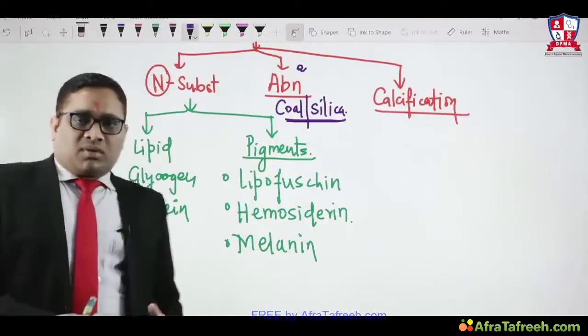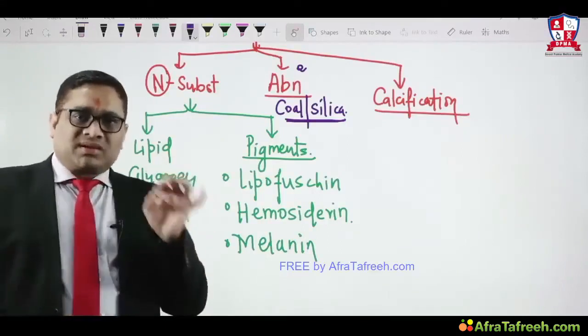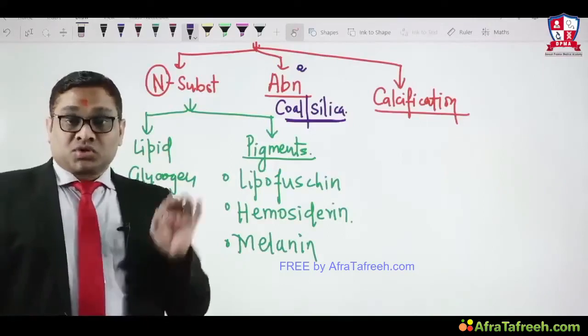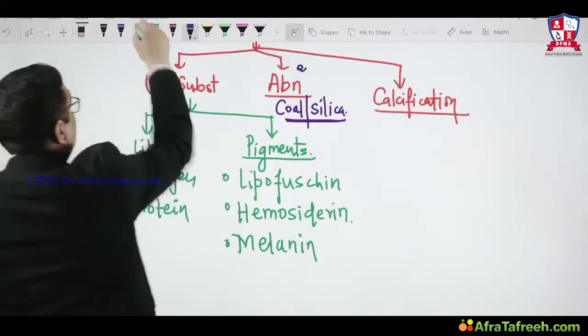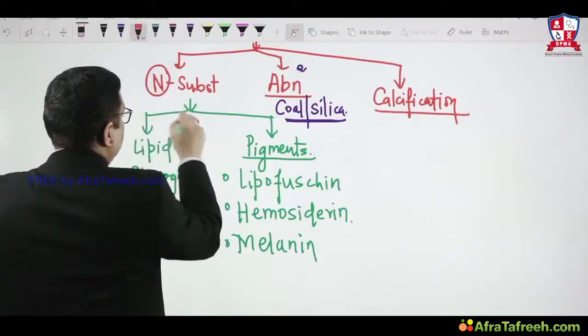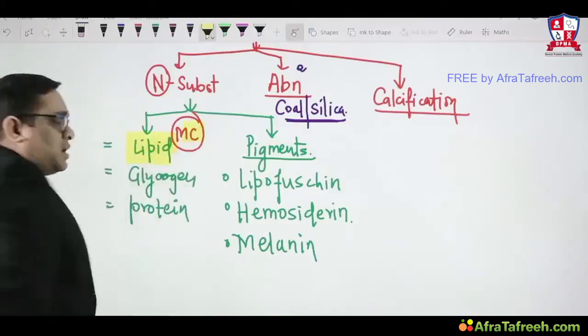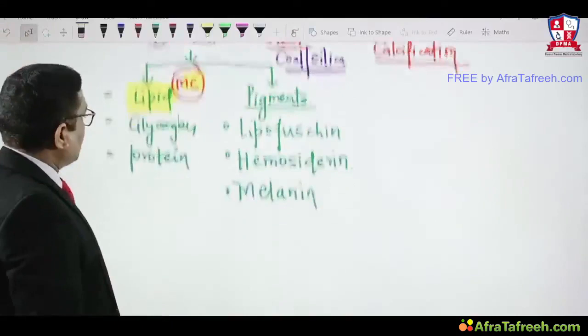Question number 1, what the examiner may ask you in the exam: which is the most common intracellular accumulation in the human body? Remember, lipid is the most common intracellular accumulation in the human body. This is an older question in state exams also, right?